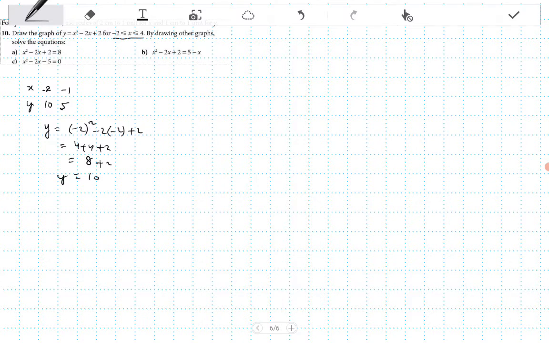Now at x equals 0, because I have to use all integer values starting from -2 and ending on 4. First I used -2, then -1. Now at 0 there is no need of a calculator. At x equals 0 these two terms are eliminated, only y equals 2 is left.